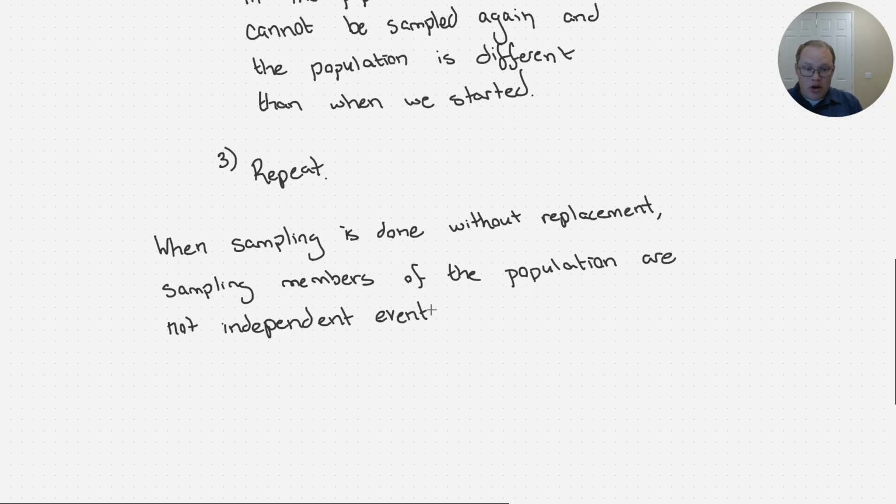And so if they are not independent events, if they're dependent events, that means we cannot use that simplified formula for the AND probability. We need to use this slightly more complex traditional multiplication rule.